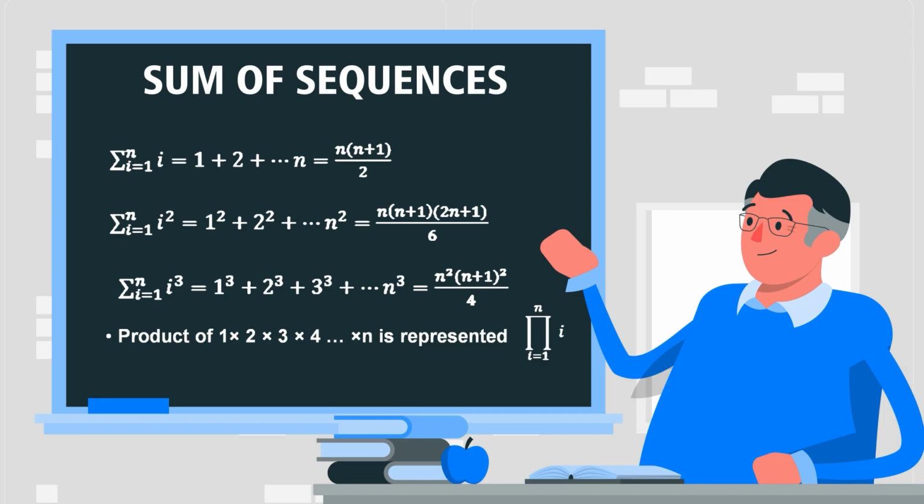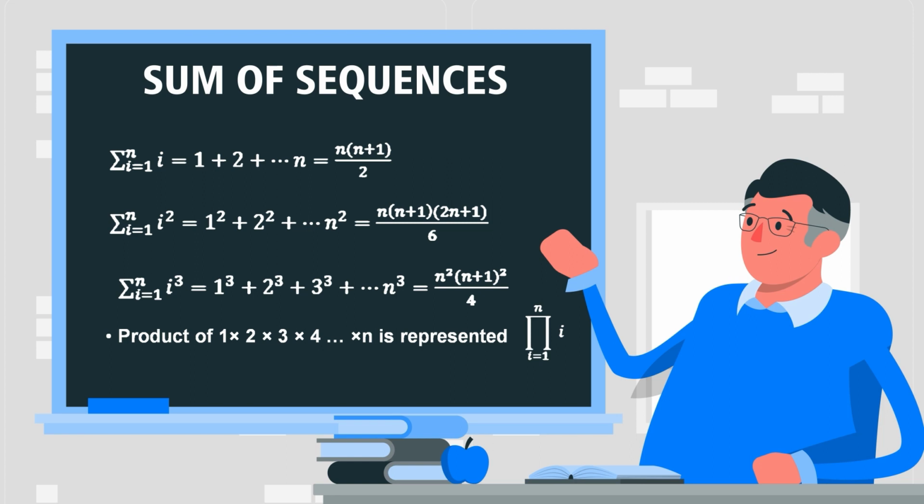Then the third term which we use is the sum of i cubes where i varies from 1 to n. It is basically 1 cube plus 2 cube plus 3 cube till n cube, and it is represented as n square into n plus 1 whole square divided by 4.